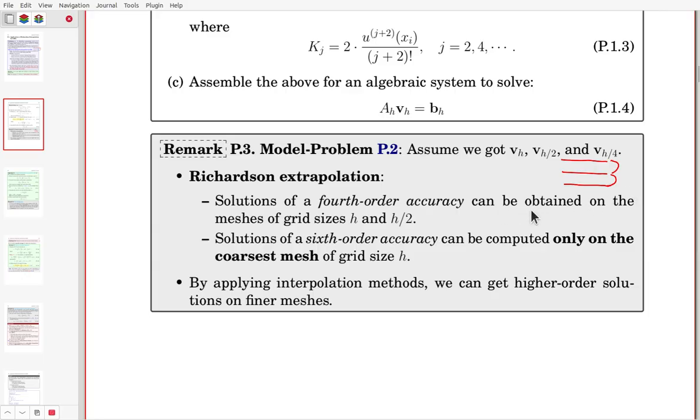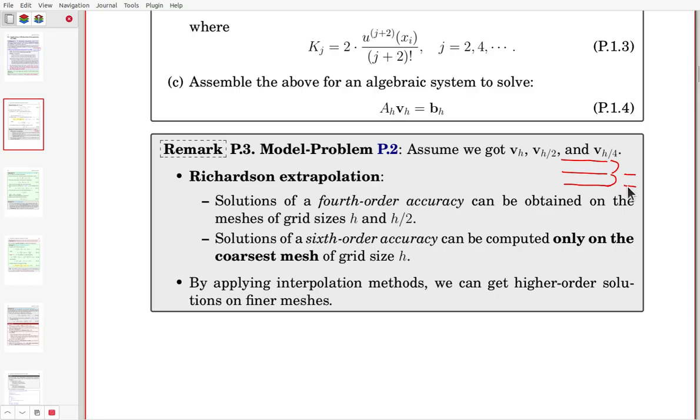So that this extrapolated solution can be obtained on the meshes of grid size H and H over 2, and only this level, but the quality of these values are over there. Quality of this one is on this level. Right?